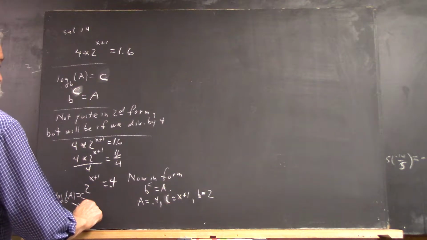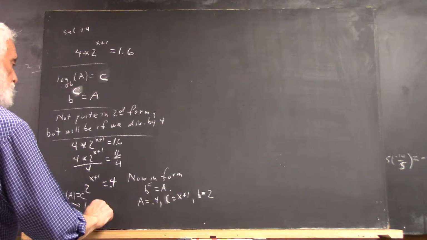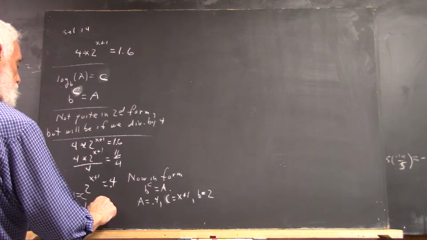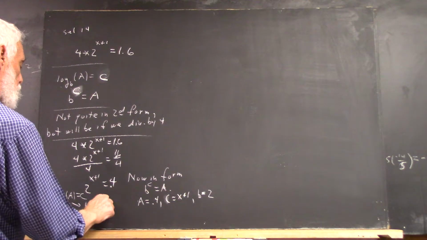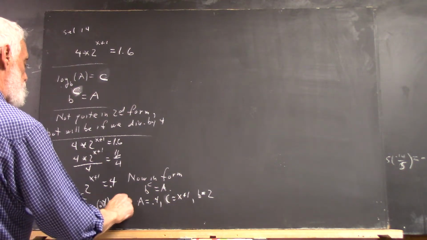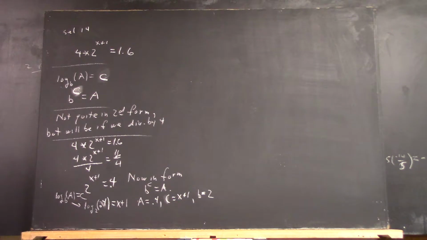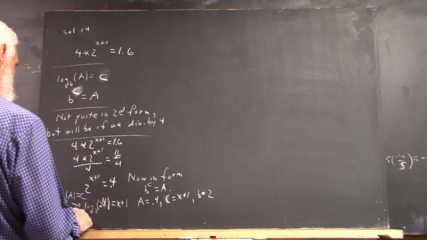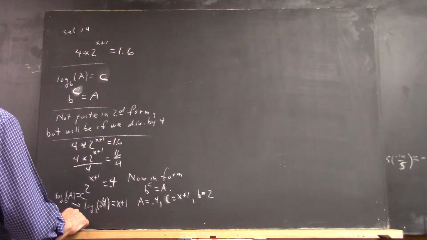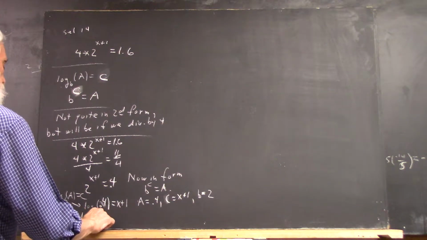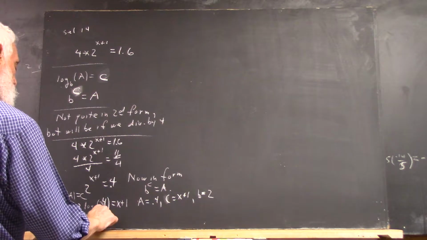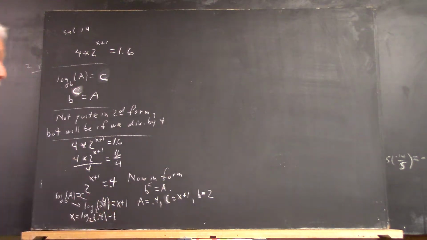Gives us log base 2 of 0.4 equals x plus 1, right? Okay. So x equals log base 2 of 0.4 minus 1.